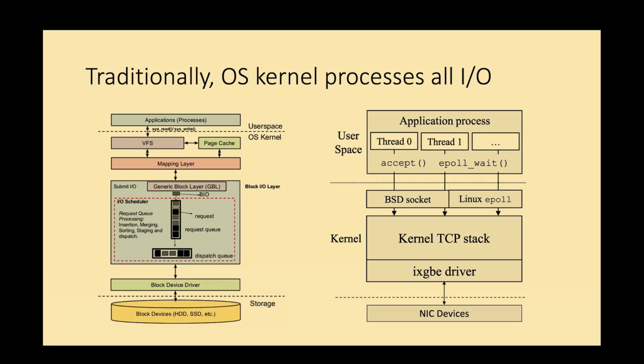There's a lot of complexity in the middle as well. When you get your data from your application, how do you move that application buffer data to your NIC device? That's all handled traditionally by the operating system kernel. So what's the issue with the OS kernel processing everything here?